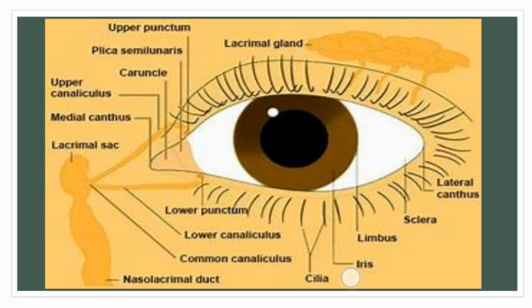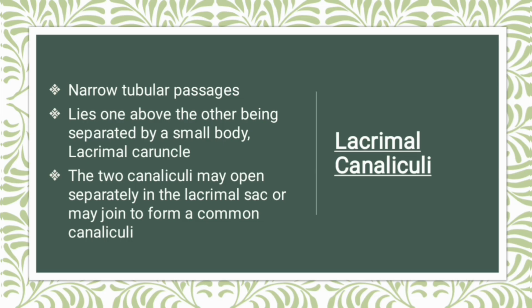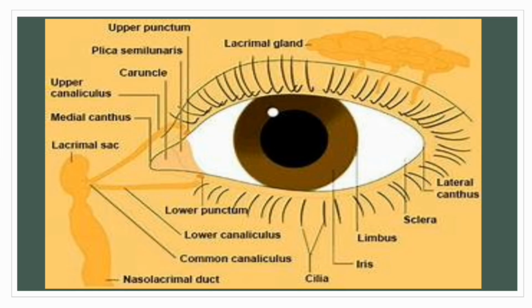Okay. So the two canaliculi may open separately into the lacrimal sac or may join to form a common canaliculus. Over here in this picture you can see that this triangular structure is the caruncle. It separates both of the canaliculi, and these canaliculi open into the lacrimal sac.